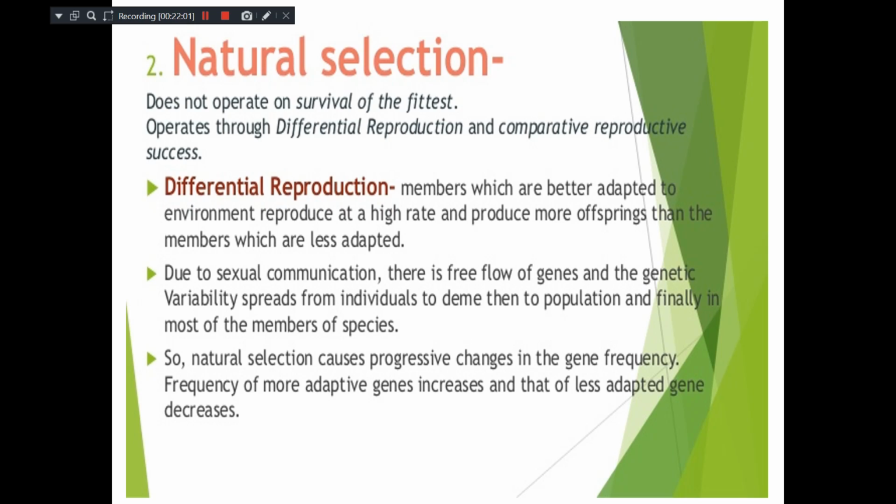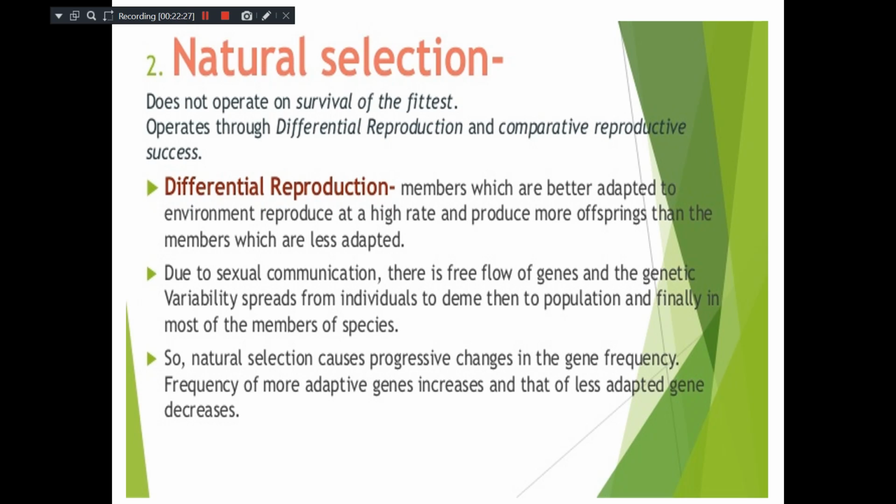Because of sexual communication, there is a free flow of genes and genetic materials, including the variability, that spreads from individuals to the deme. A deme is a small group, a small unit of population.